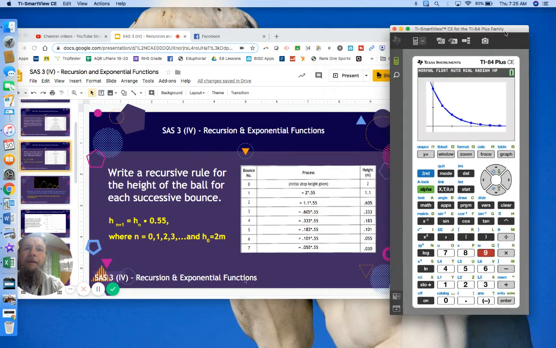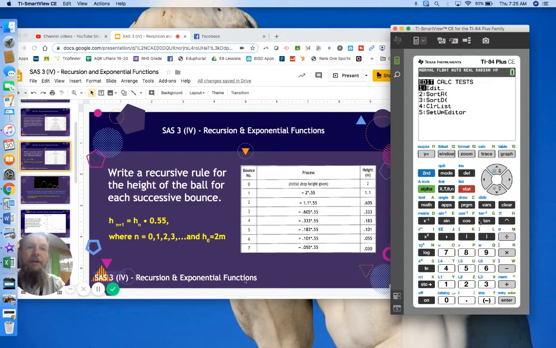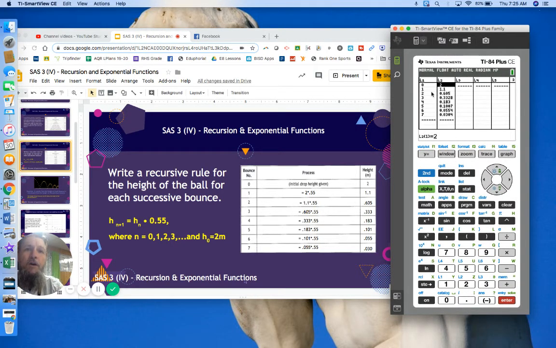Now, pull my calculator out, and I've done this already to show you. You will put bounce number in column L1, 0 through 7, and the height, H, in column L2. And what I've done, and this is really cool, I'm going to point this out to you. This says 1.1, but I can actually put an equation in here.